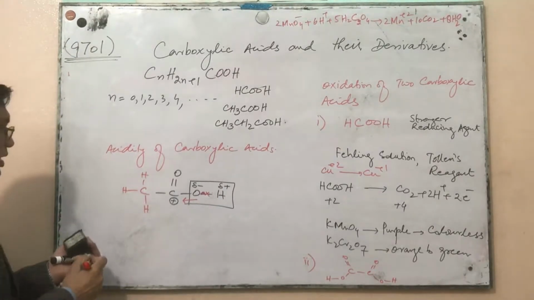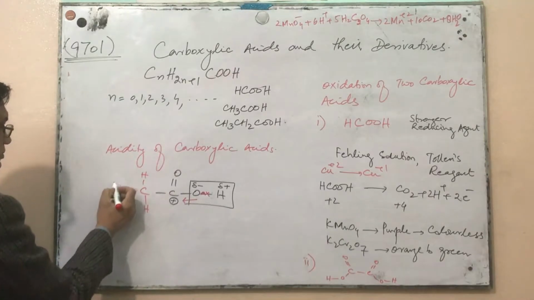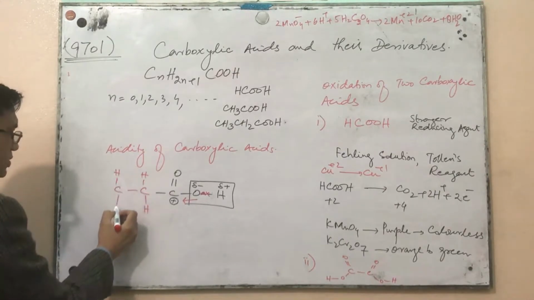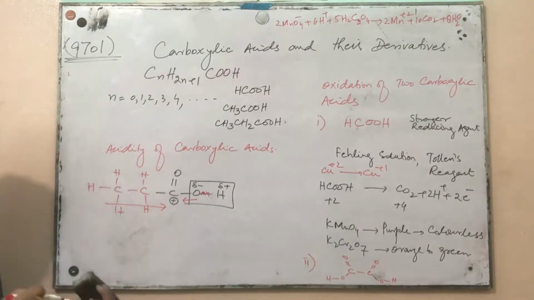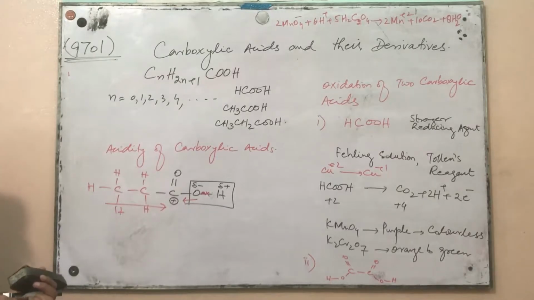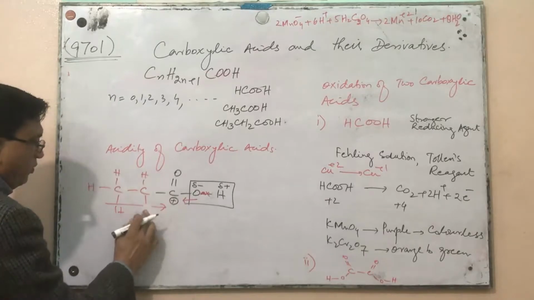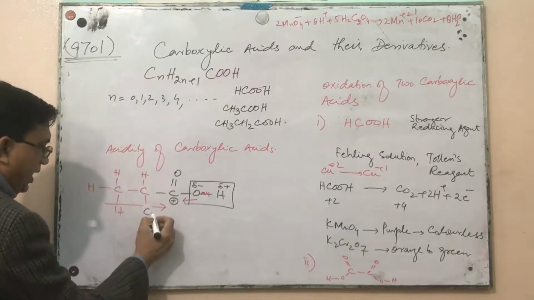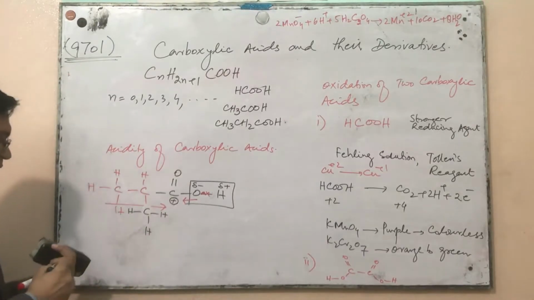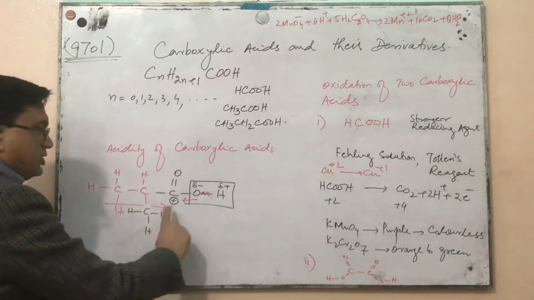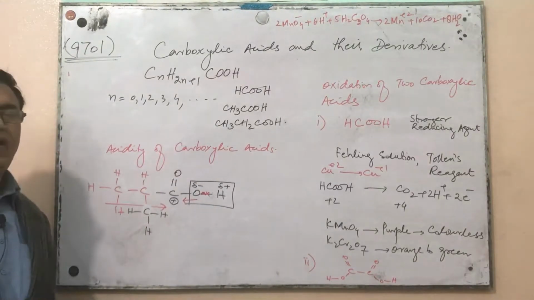Again, similarly, if we increase the chain length more, then more electrons can be shifted towards this. And further, if we change the hydrogen of this adjacent carbon with another alkyl group, then it will increase the stability and will further decrease the ionization of the acid.